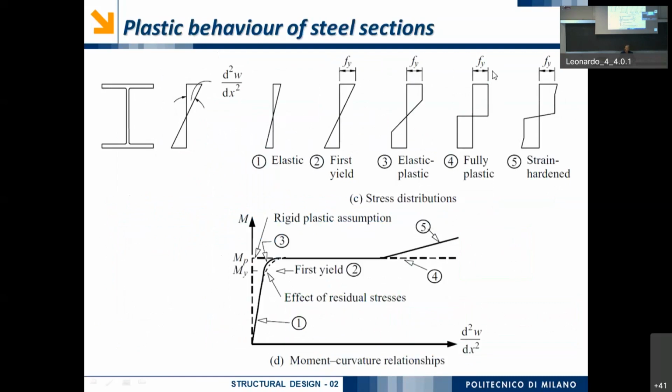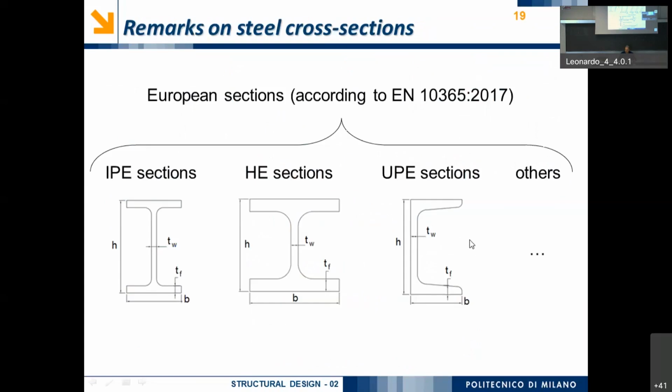So, from our standpoint, we assume that when we arrive to the fully plastic bending moment, everything stops, okay? So, the moment curvature relationship continues like this. So, we can neglect this increase.